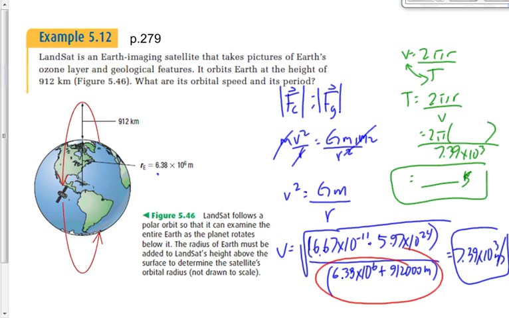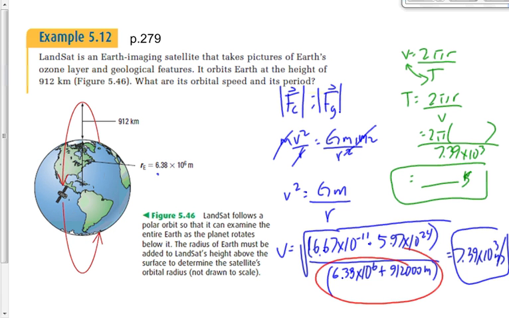Good, perfect. You'd solve for r, solve for the distance, but remember that distance was from the satellite to the center, right? So if you're looking for the distance above the surface, you would take that distance that you just found from the satellite to the center of the Earth, and then subtract from that the distance from the surface of the Earth to the center. In other words, the radius of the planet. Make sense?